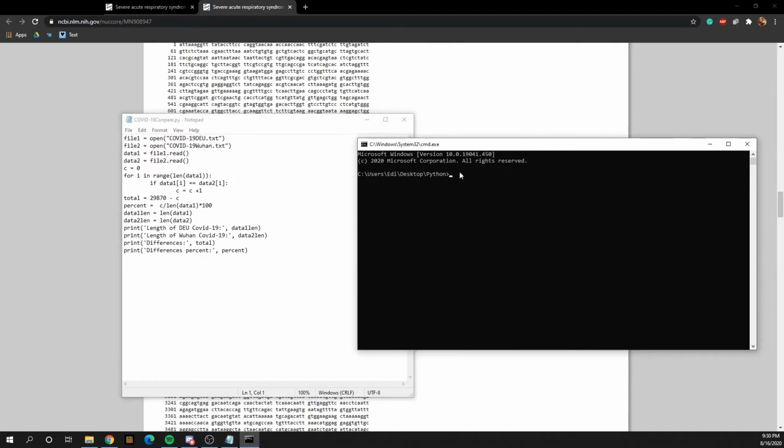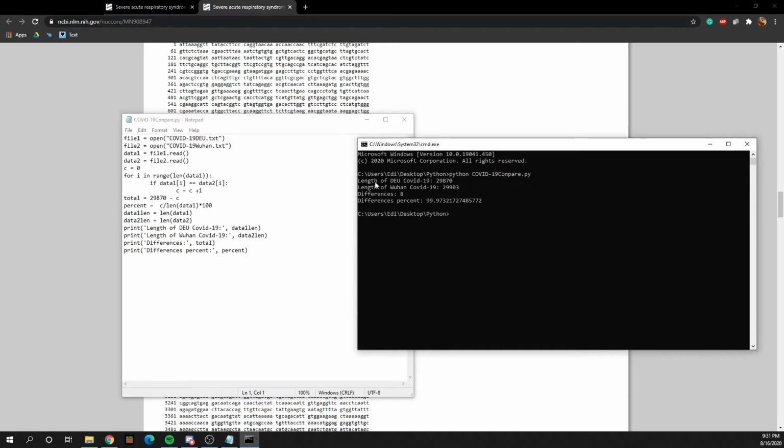I'm gonna run it. The script is for counting how many ACGT there are and then comparing them, to see how many are the same and how many are different.